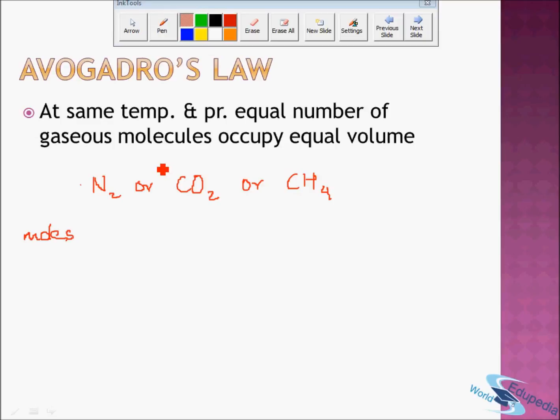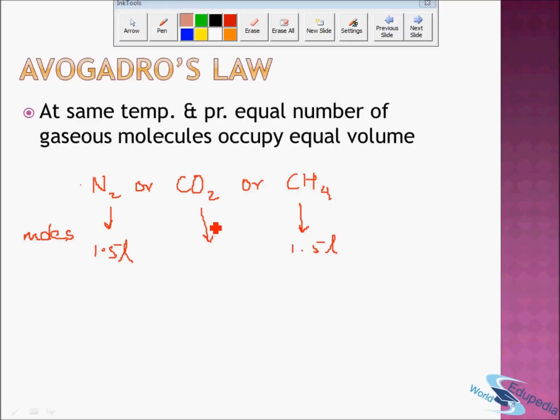You can also see it the other way around. That is, equal volume will have equal moles of gas. So if I tell you that I have one container made up of steel which contains 1.5 liter of nitrogen gas, and I have another container, a wooden container, in which I found out that my methane's volume is 1.5 liter again.